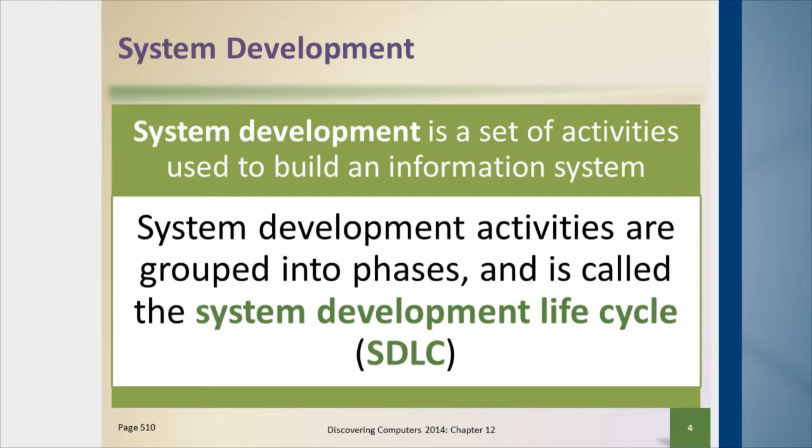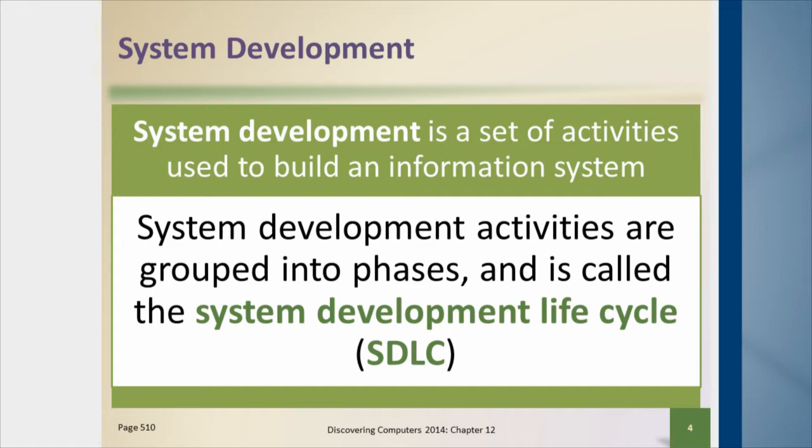So systems development is a set of activities used to build an information system. Now remember, an information system is a combination of hardware, software, data, people, and procedures. So it's not just the computer. It's a combination of the computer and the people and procedures that interact with the computer and that technology.